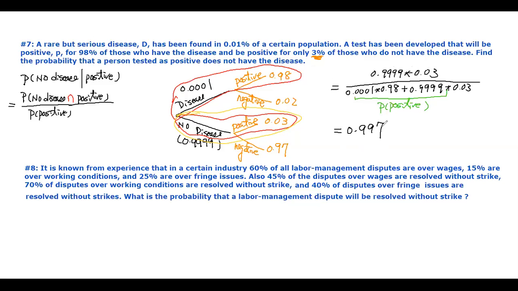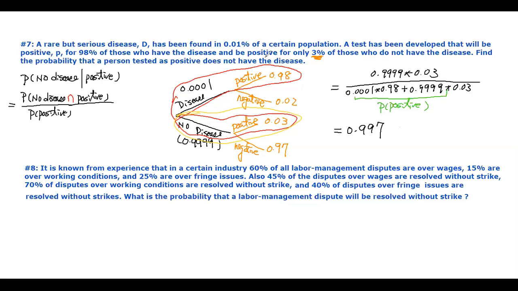It's so high, 0.997. That means you'll get so many false alarms here, right? So if a person tests positive, what is the chance this person has no disease? 99.7%. So that means this test is not a good test. It gives you so many false alarms here.